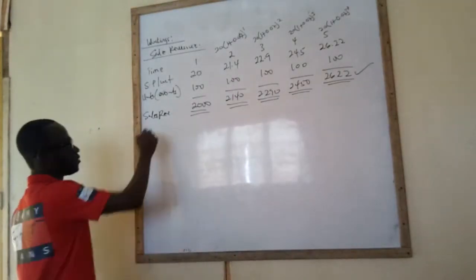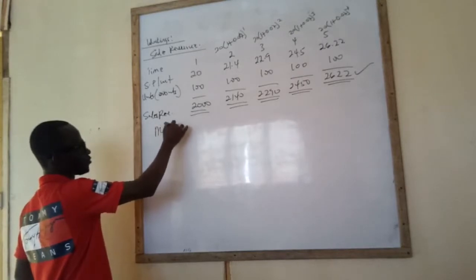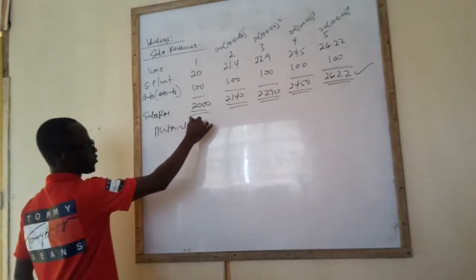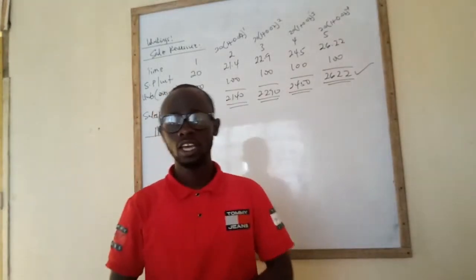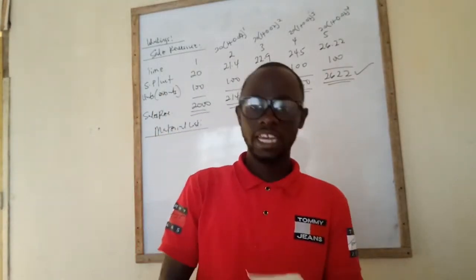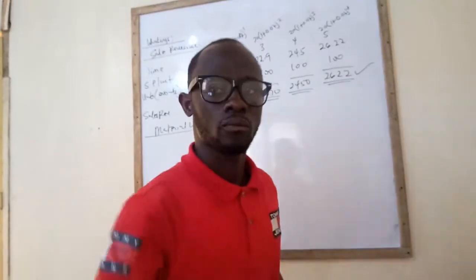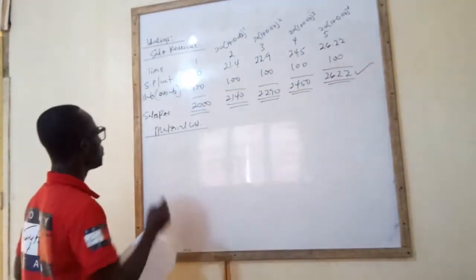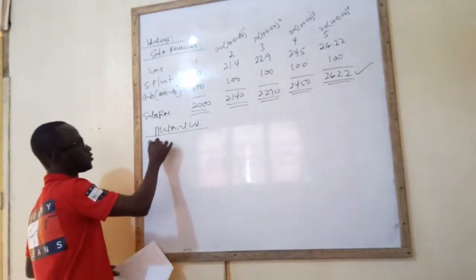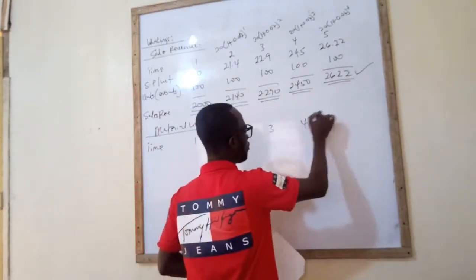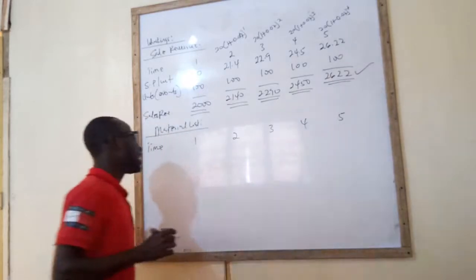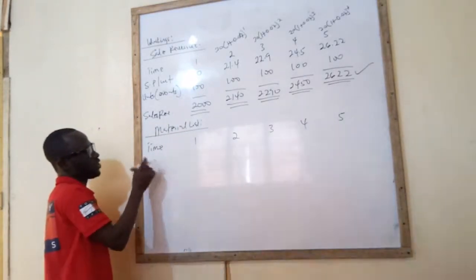The next one is the material cost. The material cost also has inflation in it, so we would have to incorporate the inflation. So we put a time down: 1, 2, 3, 4, and 5. Then let's bring our material cost per unit.